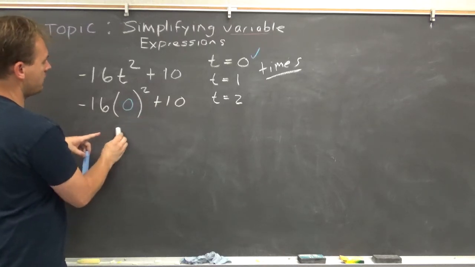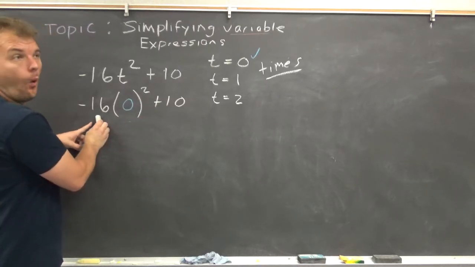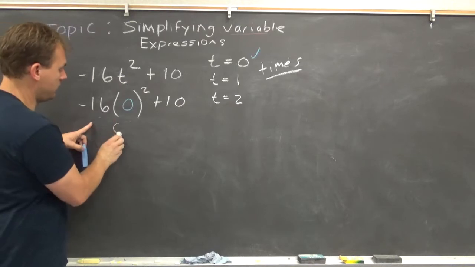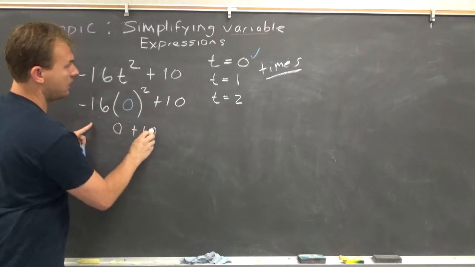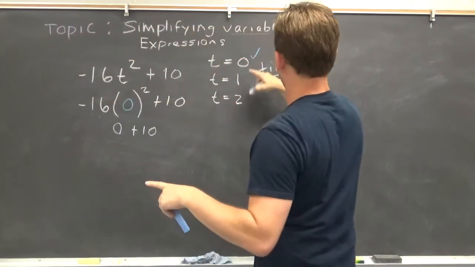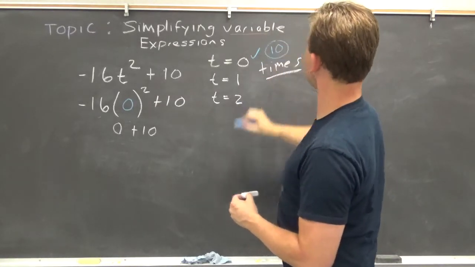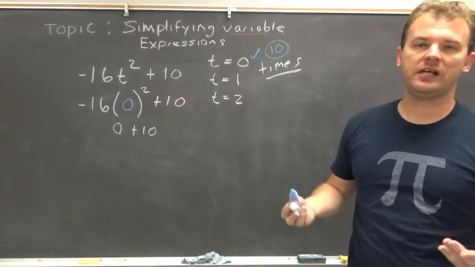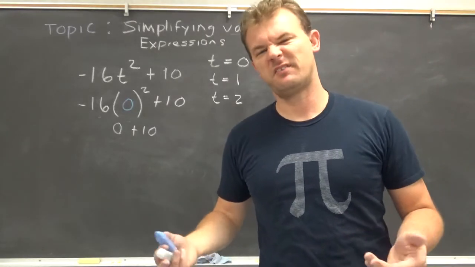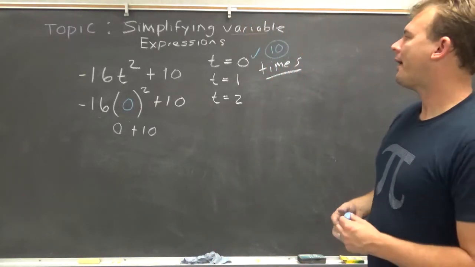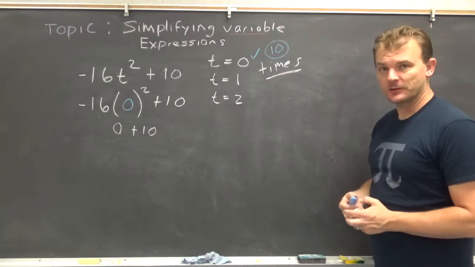What's 0 times negative 16? That's 0 plus 10. So you're saying at 0 time, it's 10 feet. 10 feet, probably fine. So that's the first one.